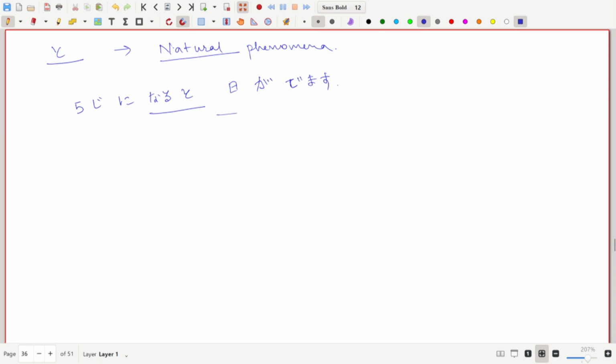The sun comes out, the sun rises. Or you can say Rokuji ni naru to, when it is 6 o'clock, the sun sets. Hi ga shizumimasu. The sun sets, because this is a natural phenomenon and you cannot control it once the time is there.